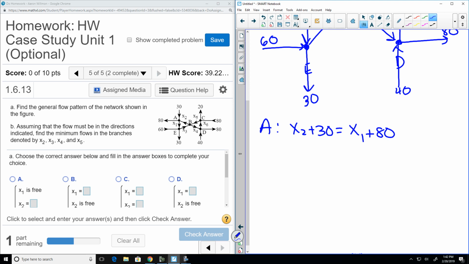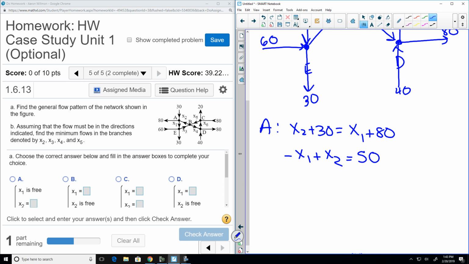Now, for our purposes, we want to put these in a matrix. We want the variables in order on the left side, and we want the constants on the right side. So let's change this the way we want it in our matrix. I'm going to move the x1 to the left and move the 30 to the right, subtract it.